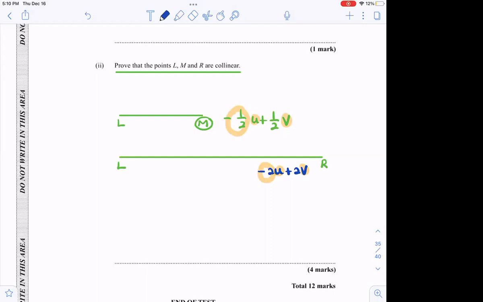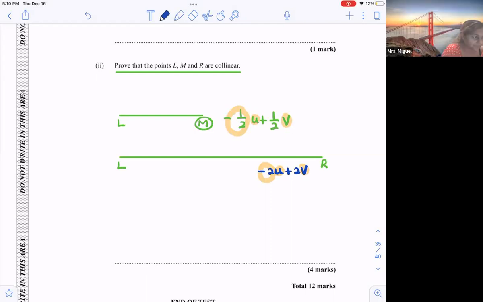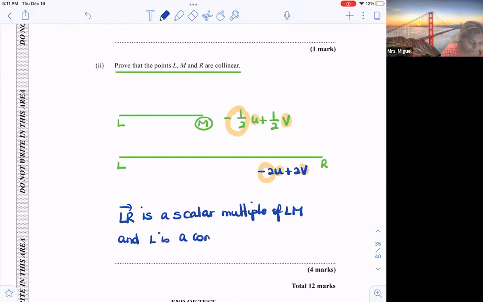Yes, miss. So here what we have to write: LR is a scalar multiple of LM, and L is a common point.